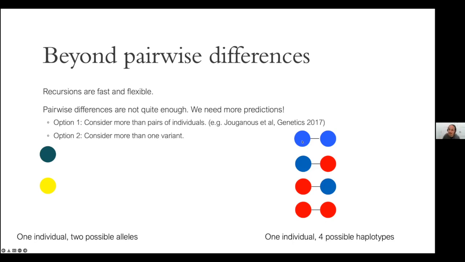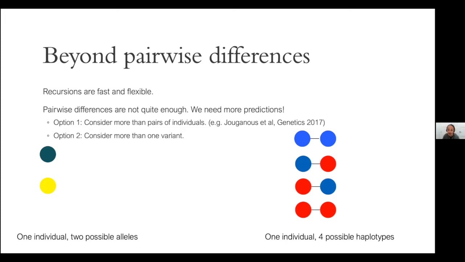So now we might have 4 different combinations of alleles. We might have individuals carrying the ancestral allele at both loci, the ancestral at one locus and the derived at the second locus, and conversely, and so on. So we have 4 possible haplotypes for each individual, and all of a sudden we have a lot more combinatorial possibilities. We're going to see that we get a lot more information about history.